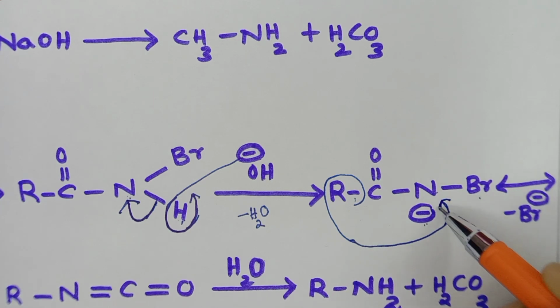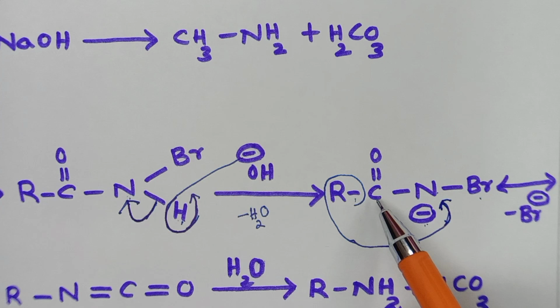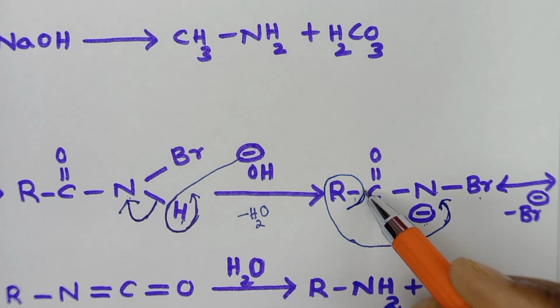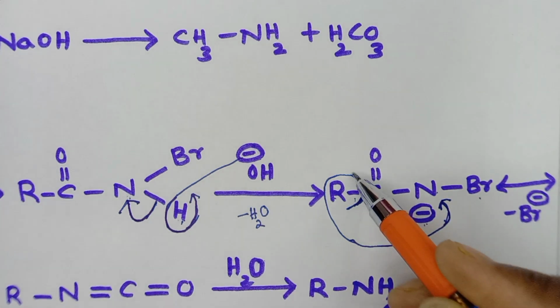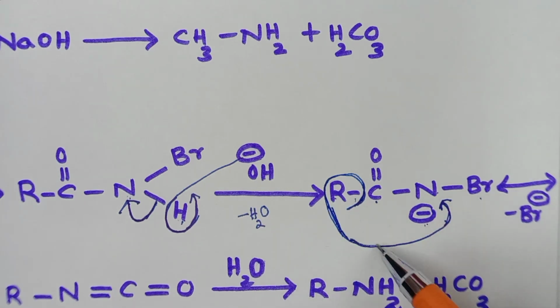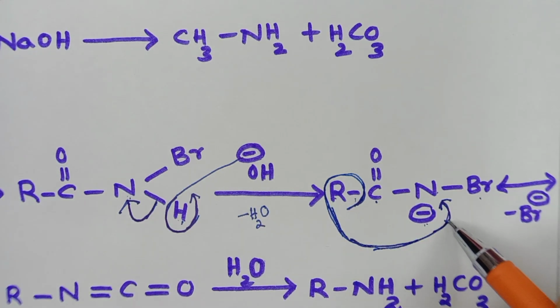So it comes near this nitrogen. That means now this R is not on this carbon. It will be on nitrogen. So that's the reason. See how I am showing the representation of this arrow, students. Okay.